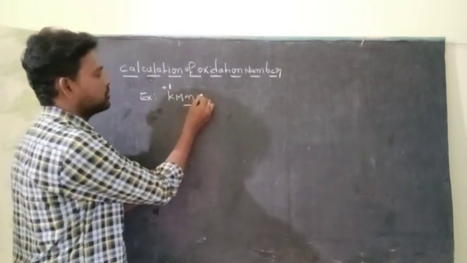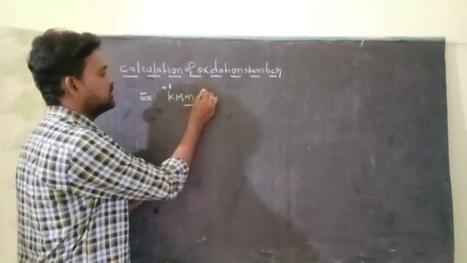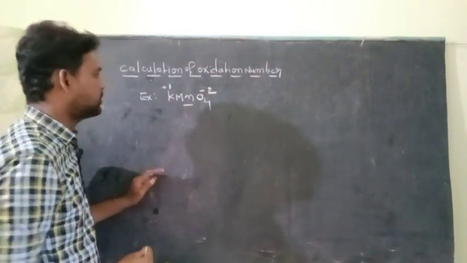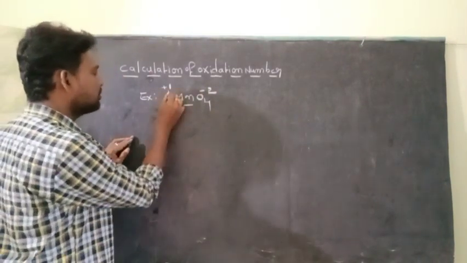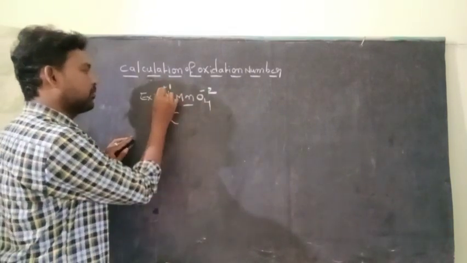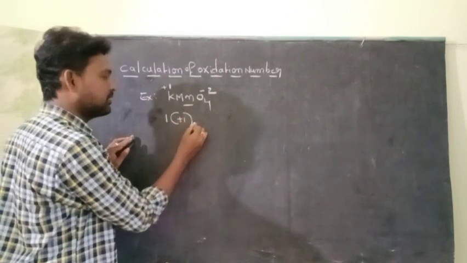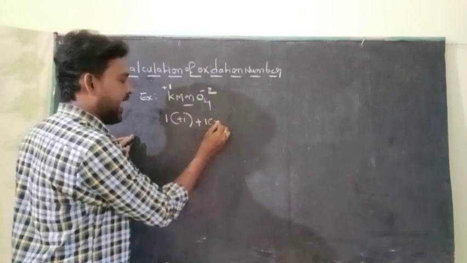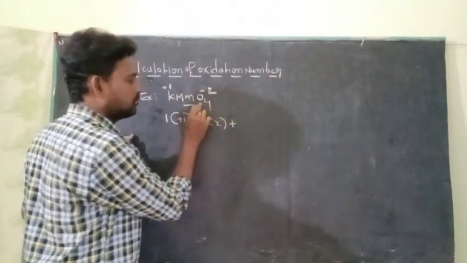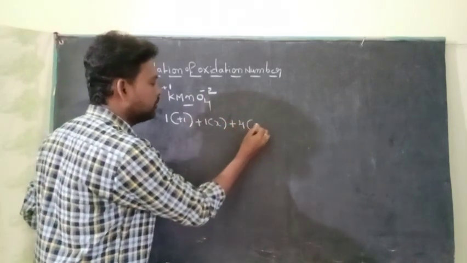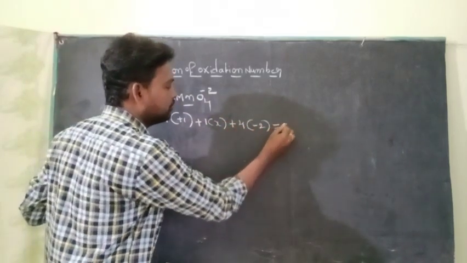So next, the oxygen oxidation number is -2. So the number of potassium atoms is 1. So 1 into potassium oxidation number plus 1, plus 1 manganese atom, so 1 into X, plus the number of oxygen atoms is 4, 4 into -2, equal to 0.